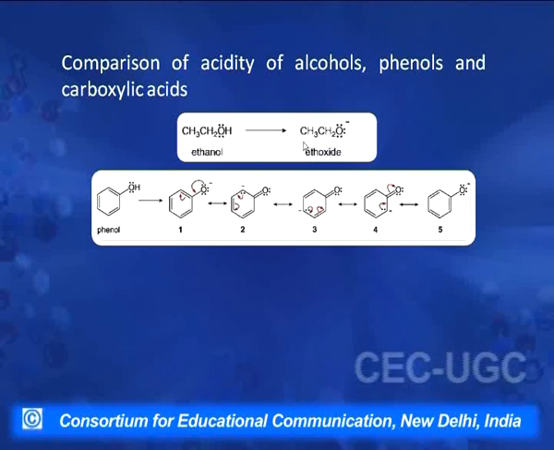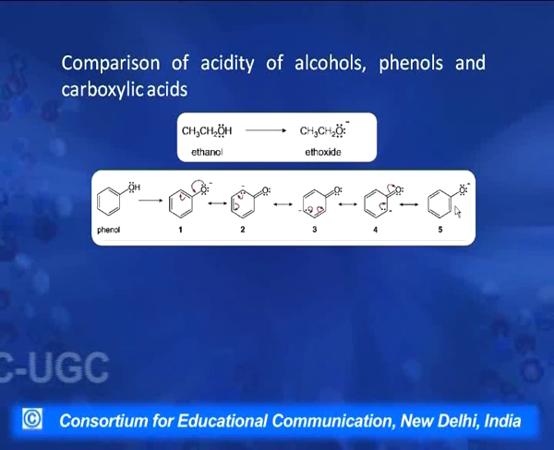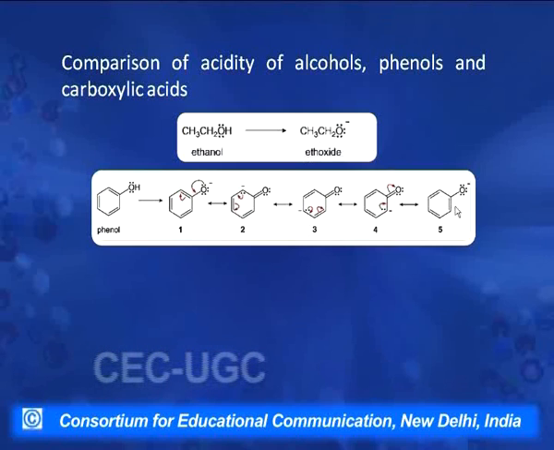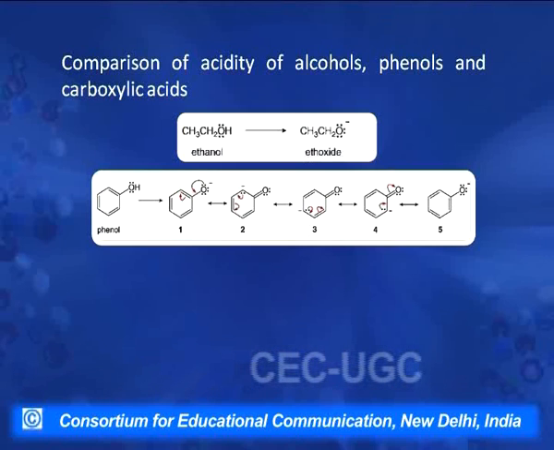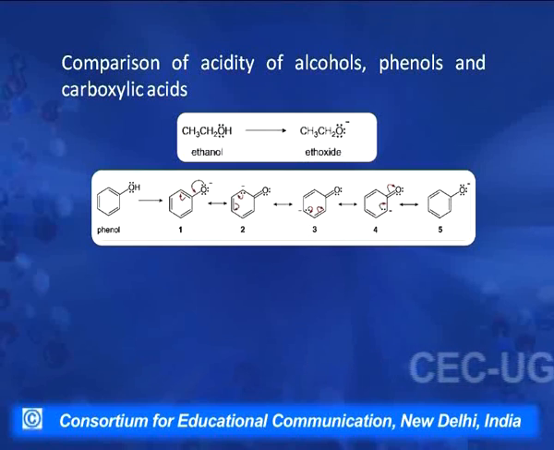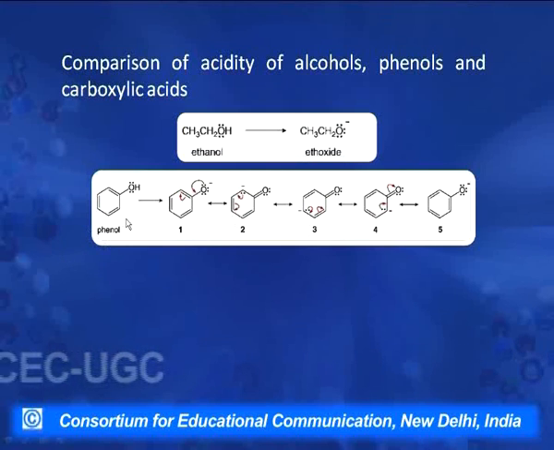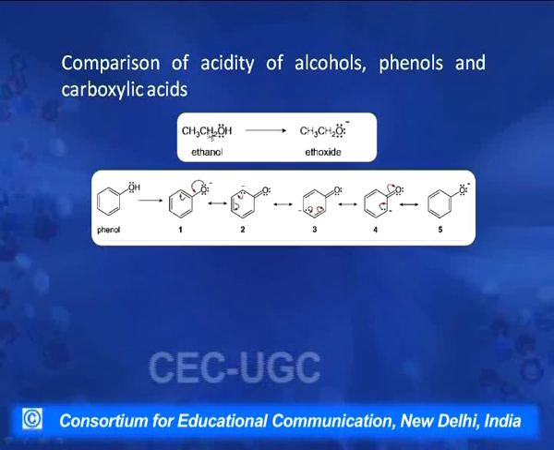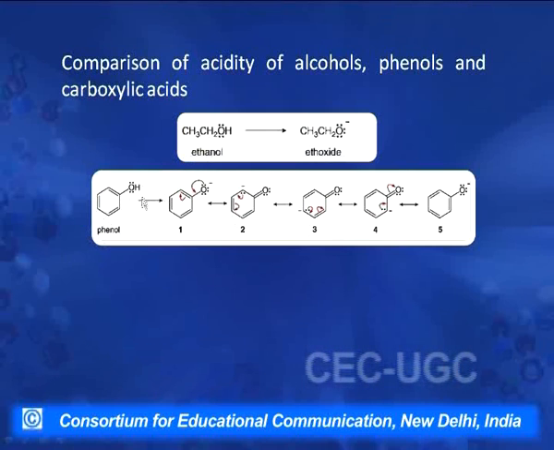So, out of the ethoxide ion, or any other alkoxide ion, and phenoxide ion, we find that phenoxide ion is more stable. If the anion part is more stable, as I said before, it means the starting compound is a stronger acid. So, out of alcohol and phenol, phenol is a stronger acid.